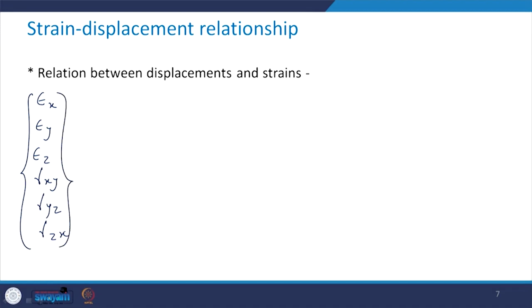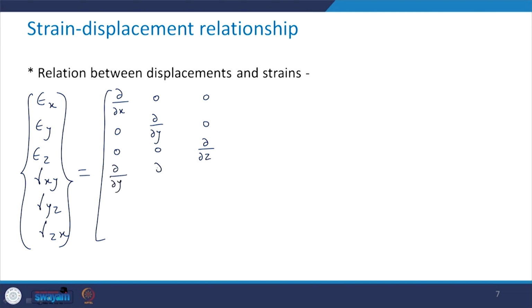This is our strain vector, that is equal to a matrix which is del/del x, 0, 0; 0, del/del y, 0; 0, 0, del/del z; then del/del y, del/del x, 0; then 0, del/del z, del/del y; then del/del z, 0, del/del x.